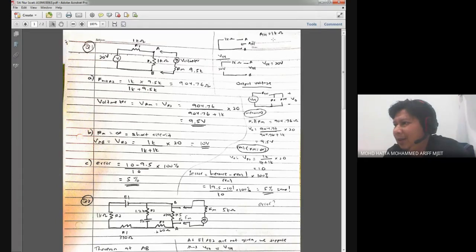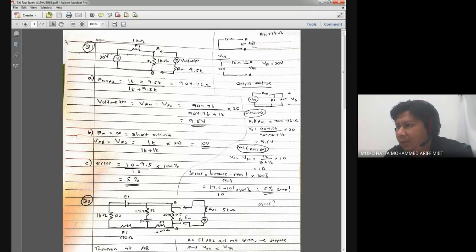First you find RTH, and then you find VTH according to your schematic over here. If we compare my answer and your answer, the first part is a bit different. However, the second part we got the same answer. And why I'm saying that, the left hand side is not a proper way to solve it, because you cannot justify why you choose this 20 volts voltage.